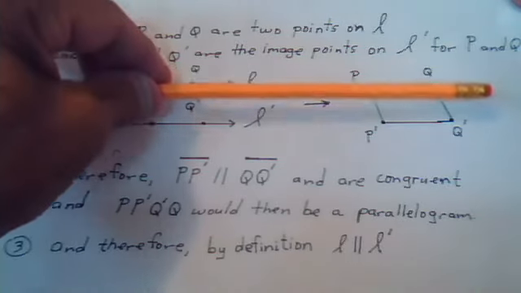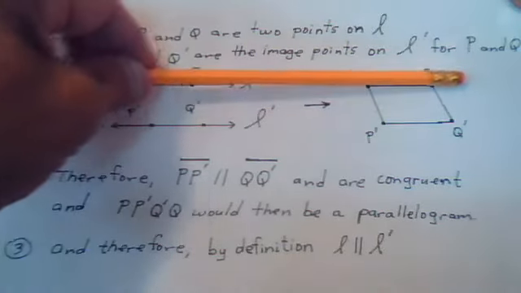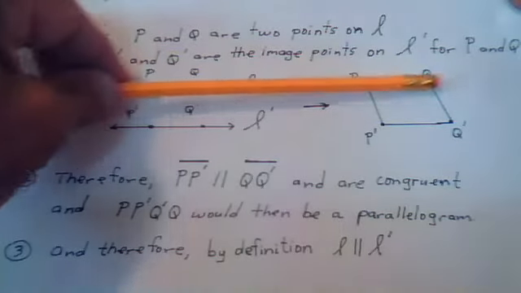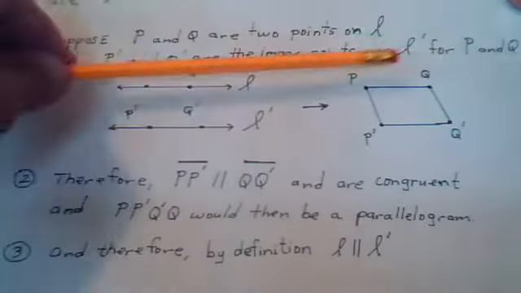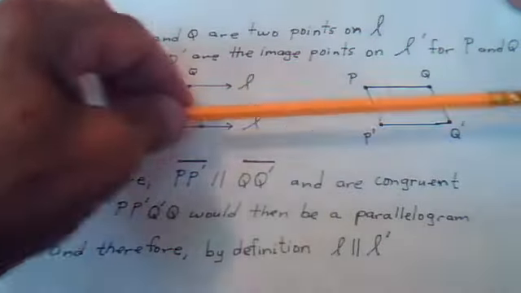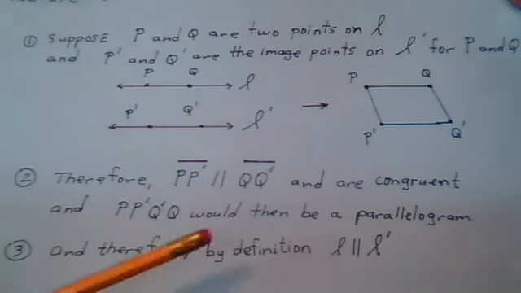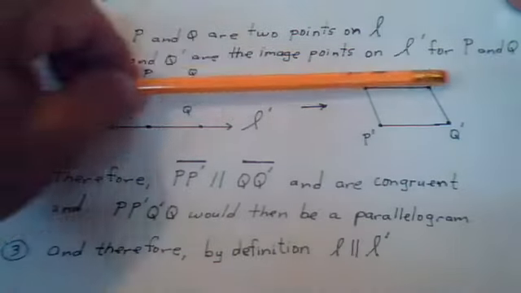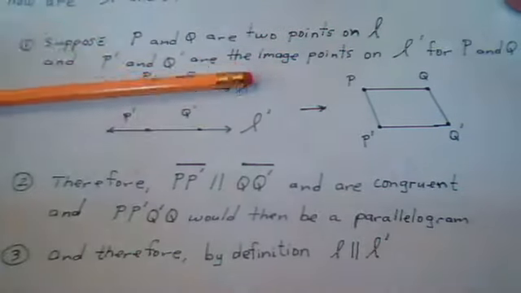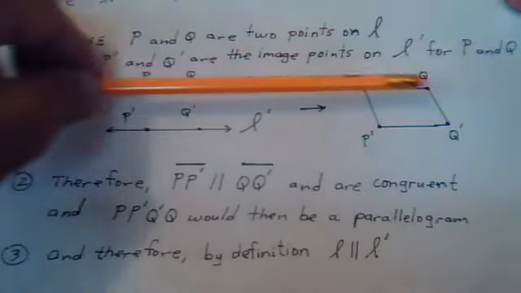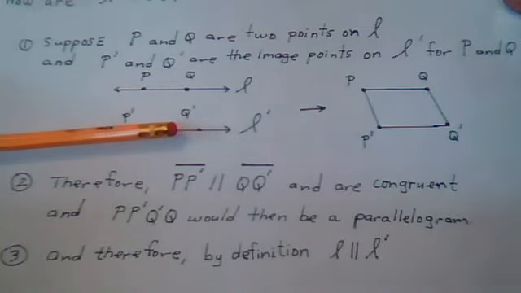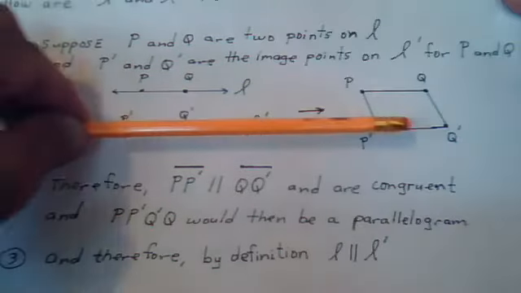So these two, the line that goes through those points, not only the segment, but the line that goes through P and Q, and the line that goes through P prime and Q prime, should be parallel. Therefore, by definition, L, which is going through here, should be parallel to L prime, which is going through here.